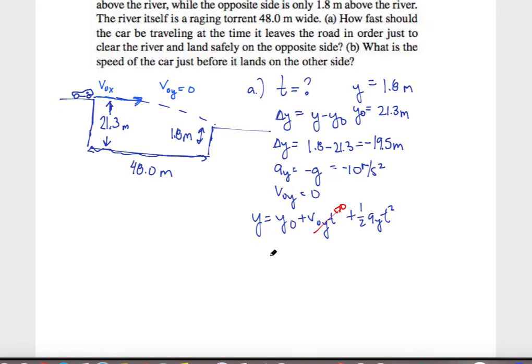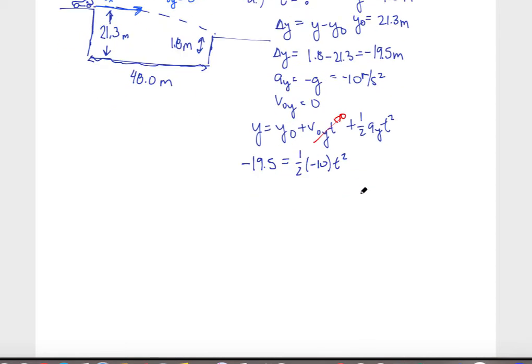And since y minus y naught is negative 19.5, that negative 19.5 is going to be equal to 1/2 times negative 10 times t squared. So I'm going to be multiplying by 2 and dividing by negative 10 and square rooting that.